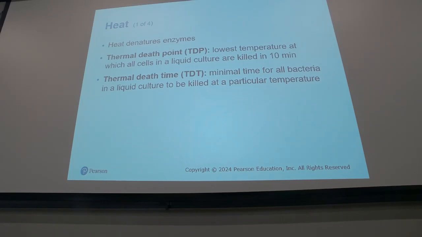So it's the minimum temperature to kill all the microbes within 10 minutes. Thermal dead time, it is the minimal time for all bacteria to be in a liquid culture to be killed at a particular temperature.